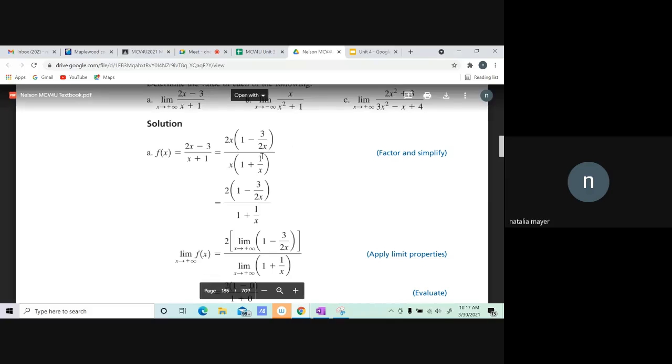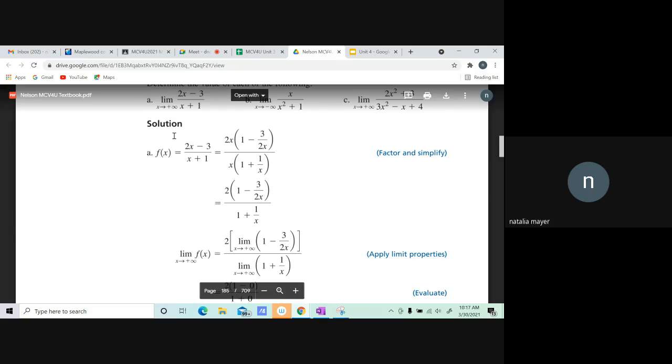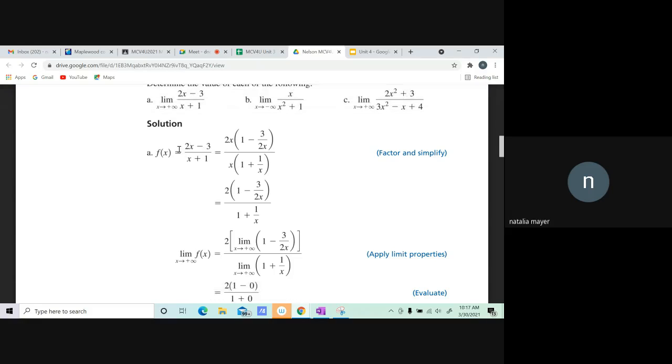The trick which works here and in all the other functions is to always factor out the greatest power of x from the numerator and from the denominator. If you remember this, you will always be on the safe side. What is the greatest power of x in the numerator?